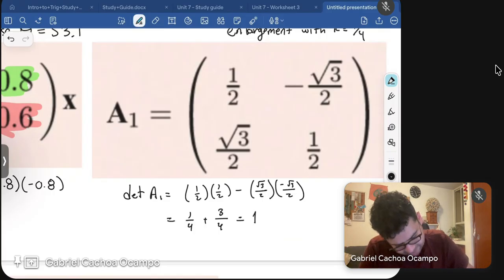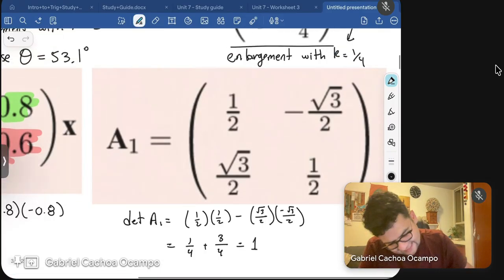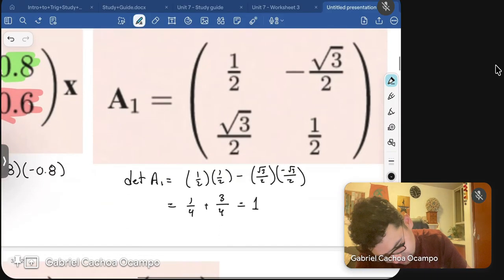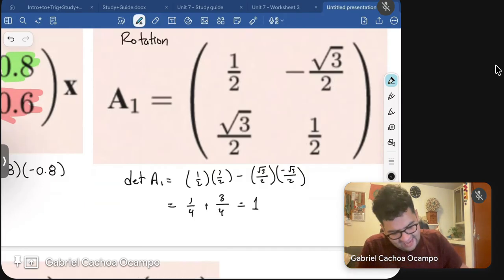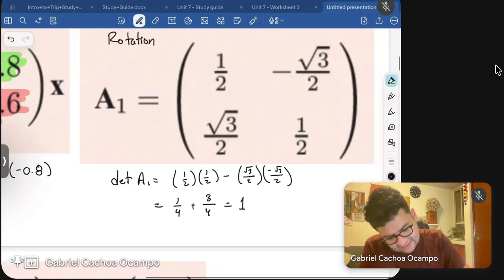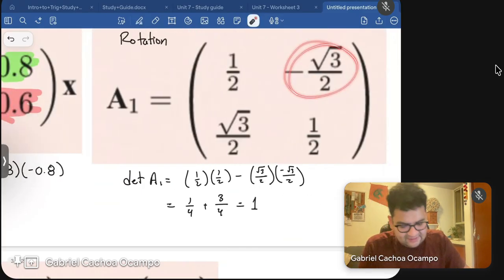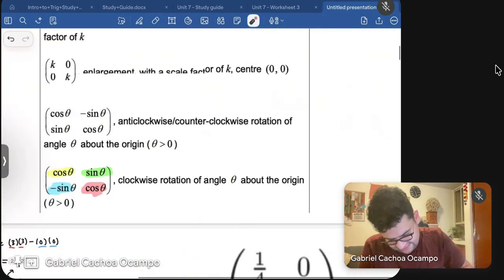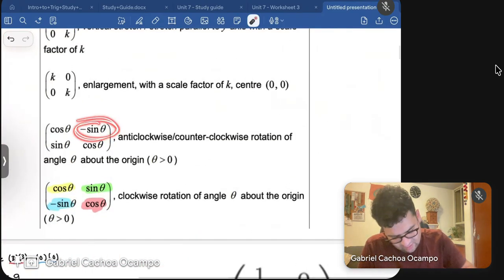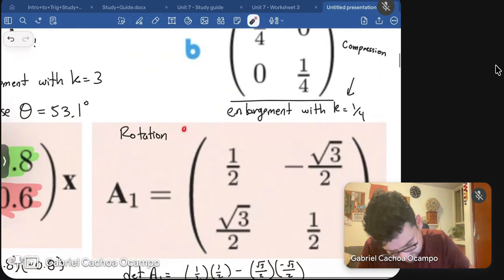This is 1. So again, this one is a rotation. And now I need to check, where do I have my negative sign? I have my negative sign in the upper left side. So that means that this one, no? So now this is a counterclockwise.